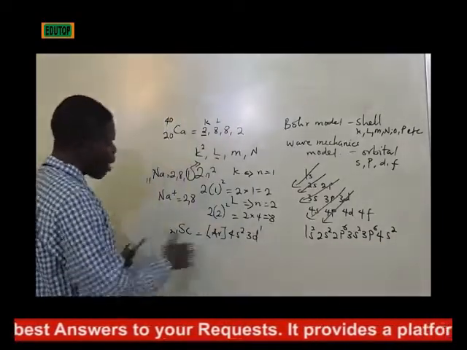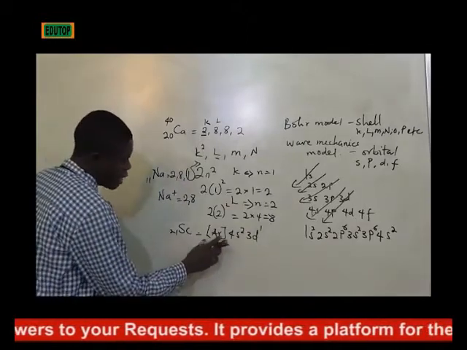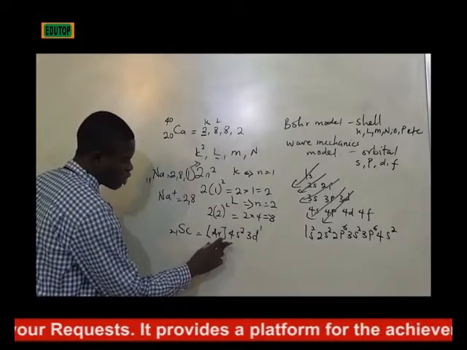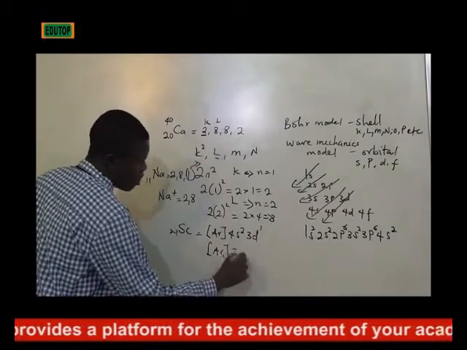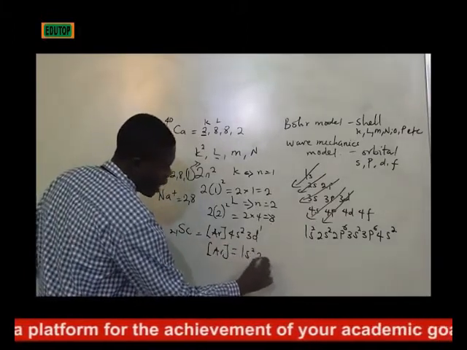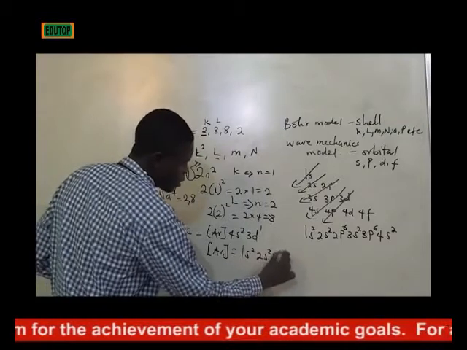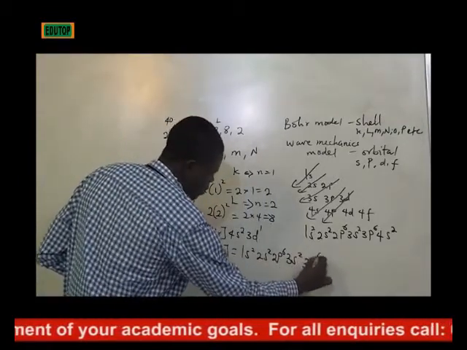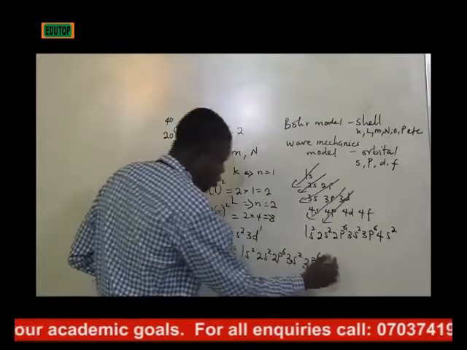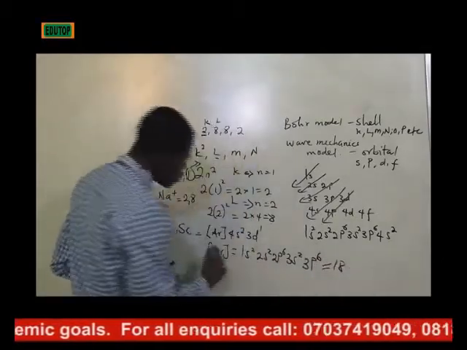What is meant by this argon core? You don't need to confuse yourself. It assumes the electron configuration of argon. That means for argon core, you have 1s2, 2s2, 2p6, 3s2, 3p6. If you sum all these electrons, you discover that there will be 18, and argon is 18.